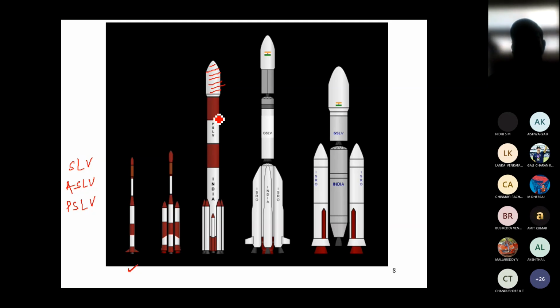So every part of the rocket has its functionality in different stages, and once their functionality is over, that particular part will be removed. Okay, so gradually at the end, that part will be removed from the rocket, not the satellite.